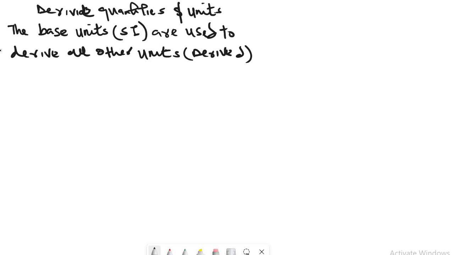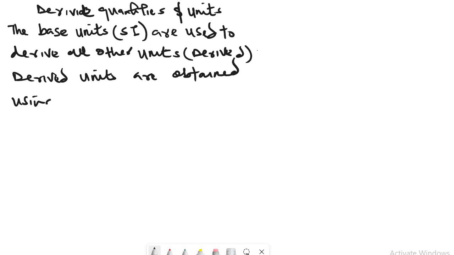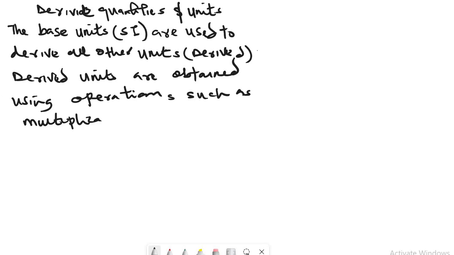So derived units are obtained using operations such as multiplication and division. These are the two operations we use in deriving derived unit.